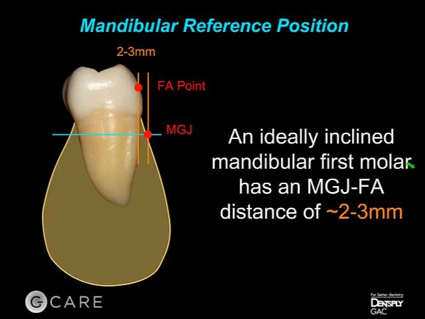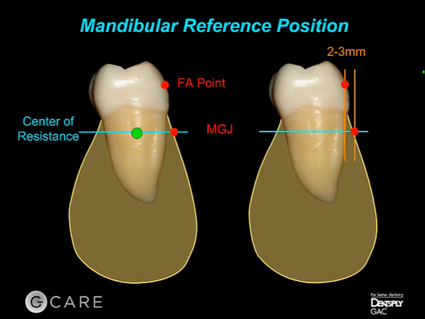So if we look at this cartoon, which to me represents our treatment goals of upright, centered, and well intercuspated, assuming there's a maxillary tooth there, the ideally inclined mandibular first molar distance between the FA point and the mucogingival junction is going to be somewhere between 2 to 3 millimeters. And that's going to correlate with our center of resistance of our tooth and the base of the mandible in order to determine our reference position.